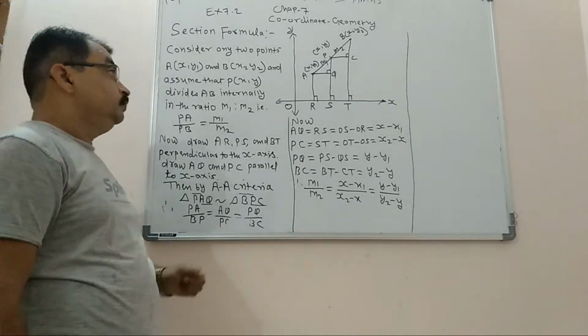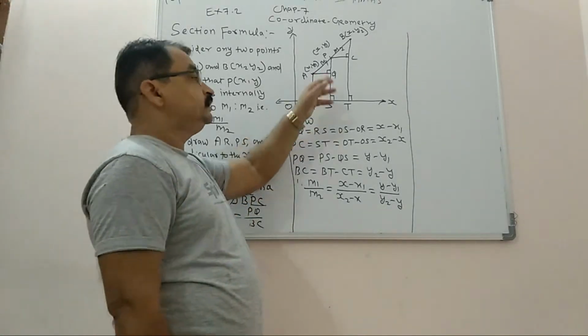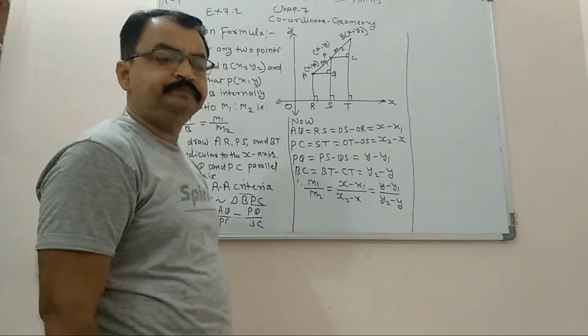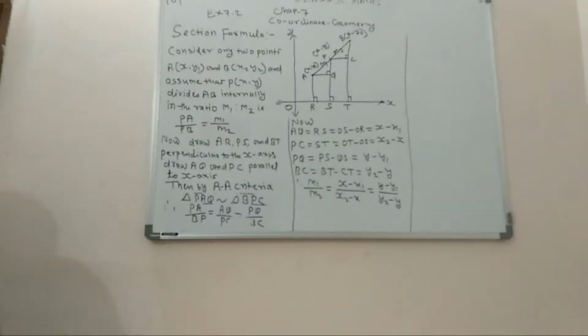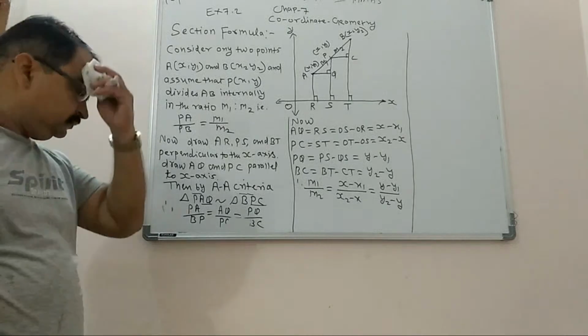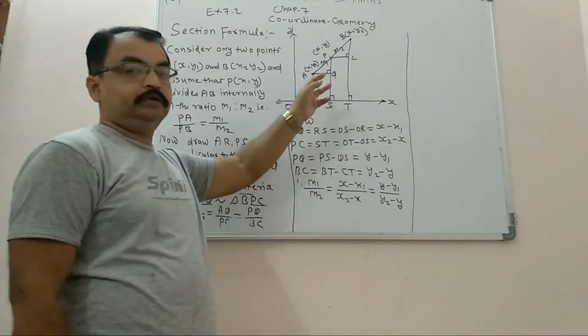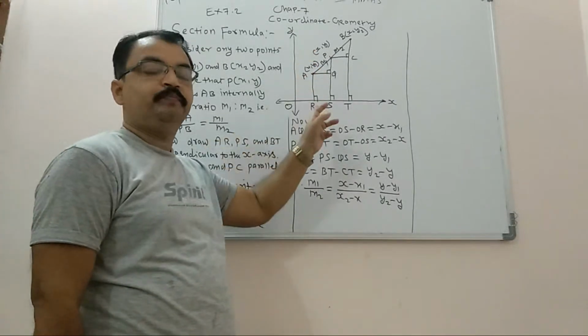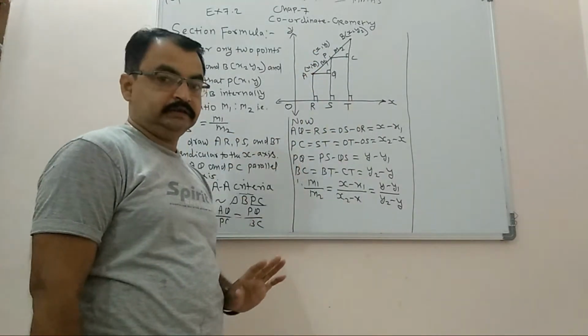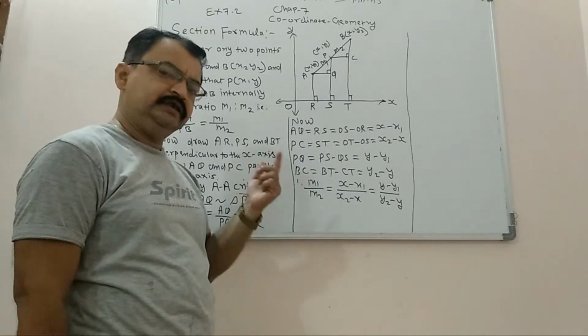Now, what you will do, same thing as we did in the distance formula, you will draw the perpendicular from the particular point to the x-axis. Same one as we did in distance formula.